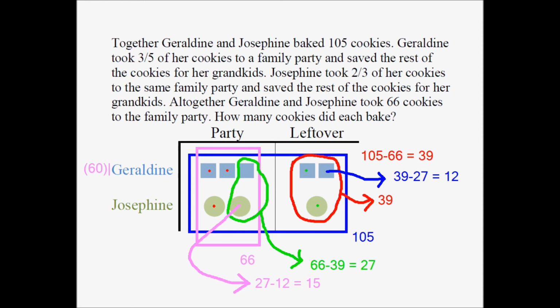And Josephine baked 45 cookies. Why 45? The value of each circle is 15, and she baked cookies that are equivalent to 3 circles. 45. So these are my answers. Geraldine baked 60 cookies, and Josephine baked 45 cookies.